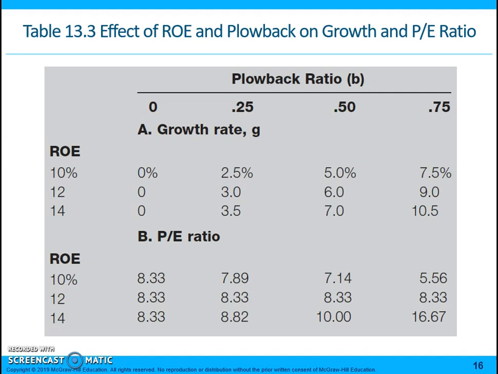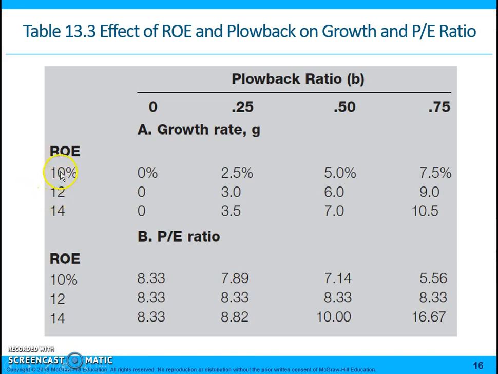Table 13.3 shows various plowback ratios, b. So we've got 0, 0.25, 0.5, 0.75. One thing that's missing here, which should be stated, is that this table assumes a required rate of return, or k, of 12%.